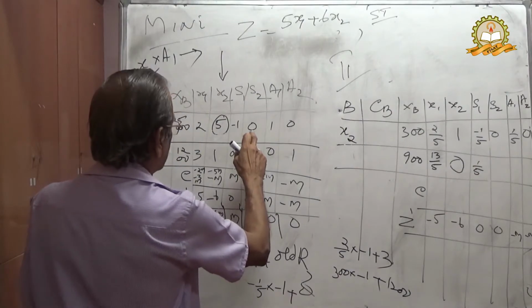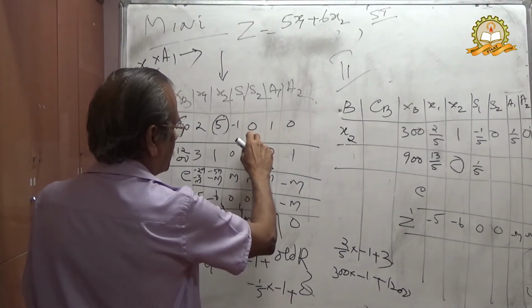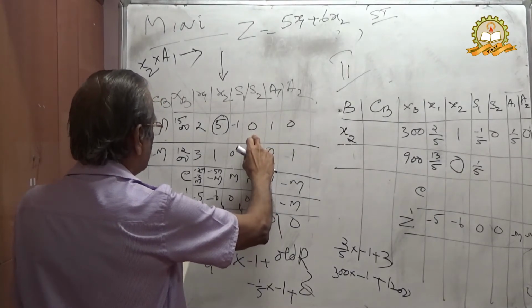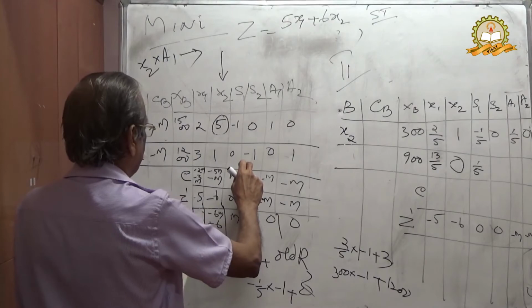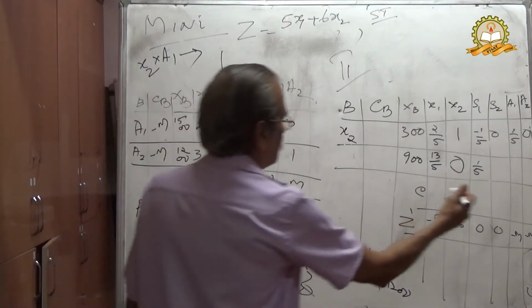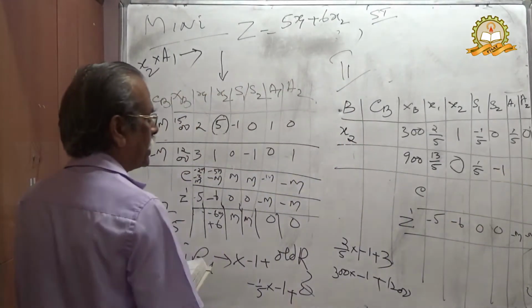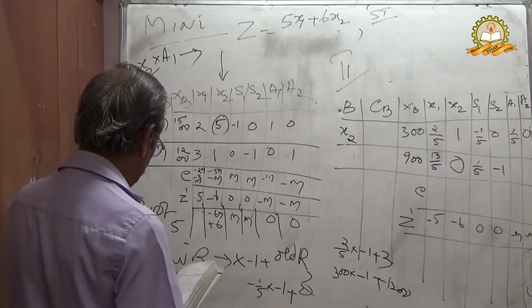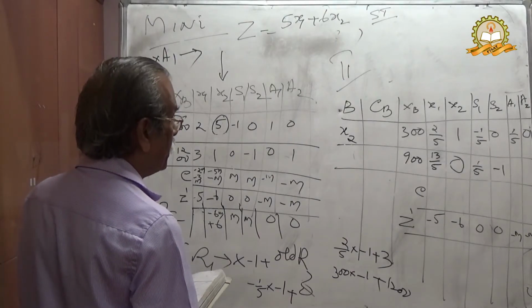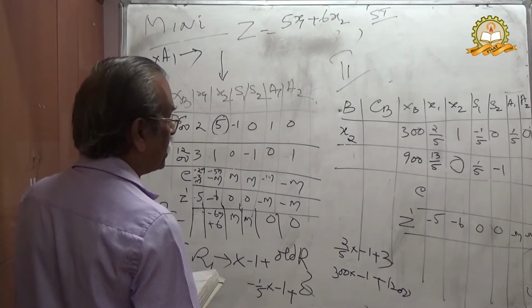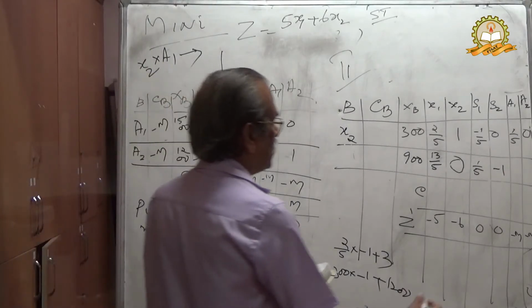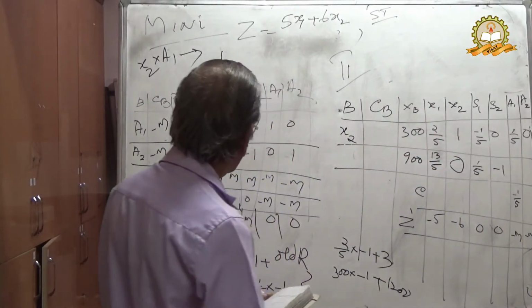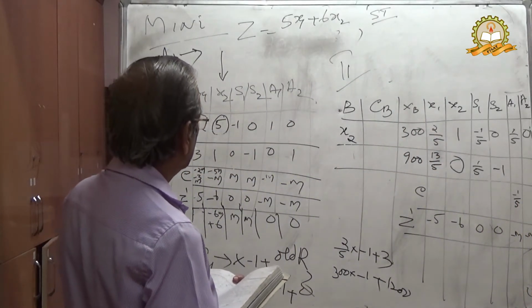And under S2, 0 into negative 1 minus 1. And under A1, 1 by 5 into negative 1 plus 0. Under A2, 1.